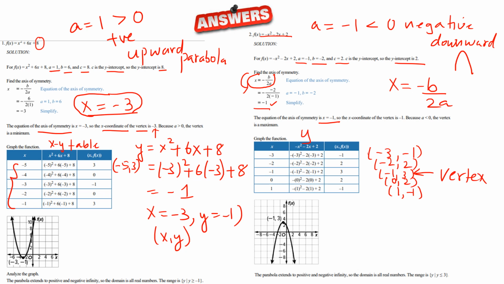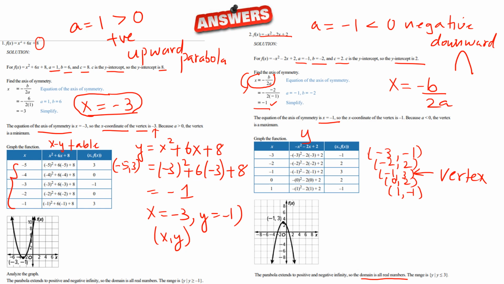That means the parabola will start from -1 comma 3, and because it is downward, it is going to go down like this and this. Again, for the x-axis, can I say the domain is all real numbers? Because it is taking positive, negative, 0, everything. Now for the y value, it is taking this maximum, so y equals 3.